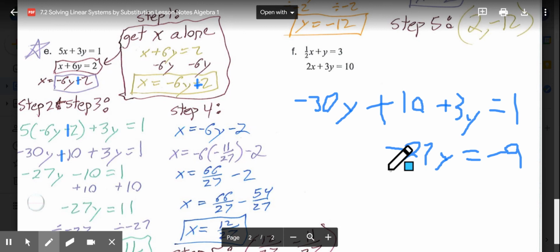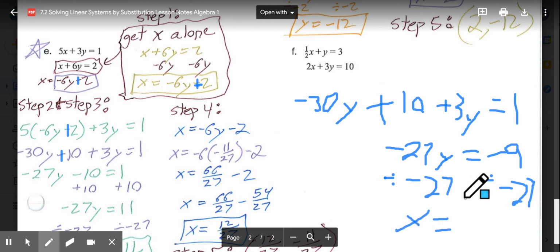So then we would want to divide both sides by the negative 27, and we would end up with y equals 1/3. That looks like an x, but it should be a y. So y equals 1/3. So now that we have y equals 1/3, we would plug that in here for y.